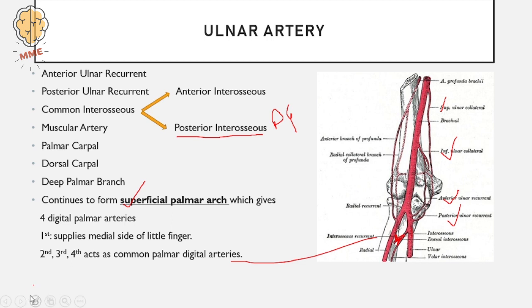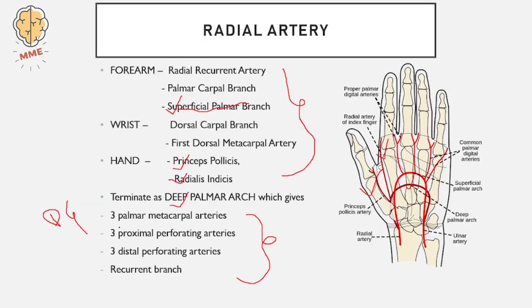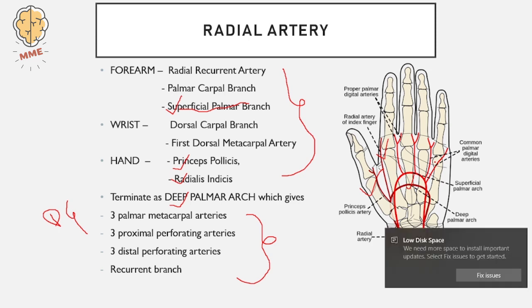First one will supply the medial side of the little finger, while the second, third and fourth will act as the common palmar digital arteries. Look over here, this is the superficial palmar arch and these are the common palmar digital arteries.